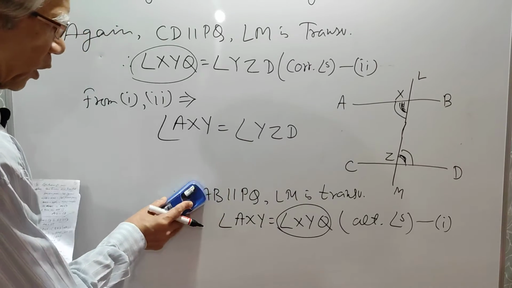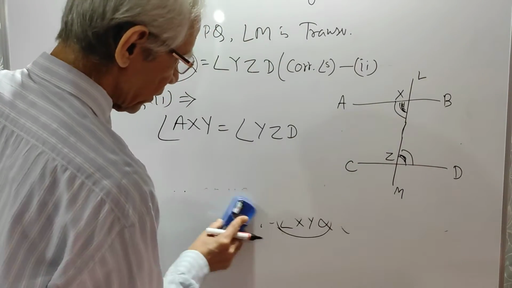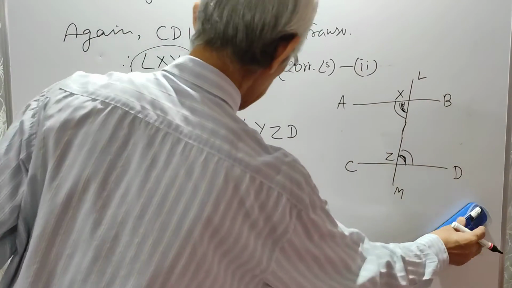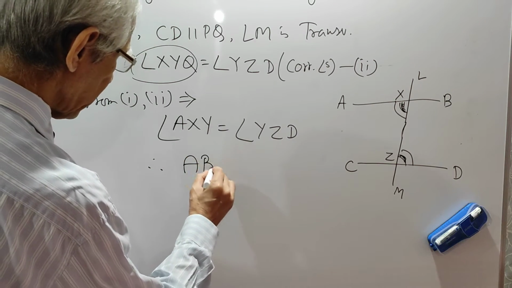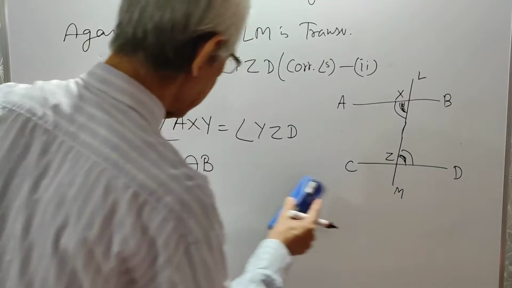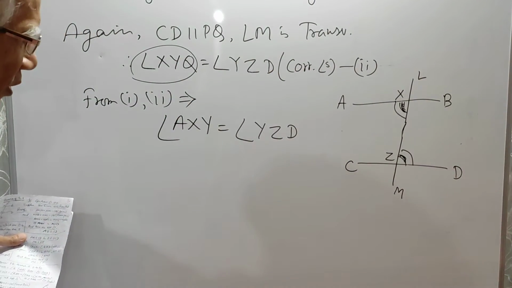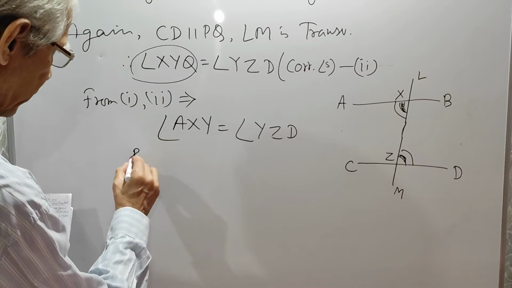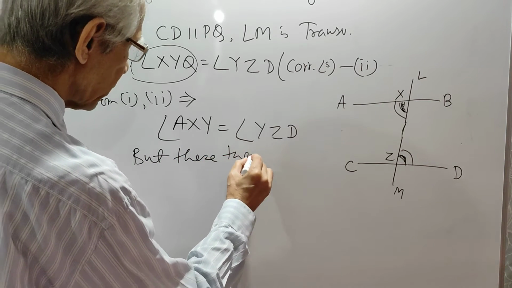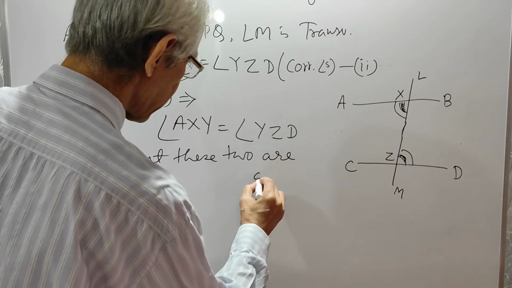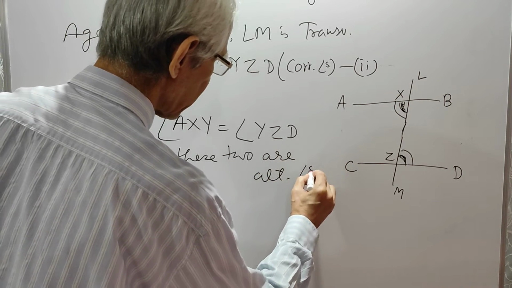So last of all, what is the conclusion? Here you have to write one thing: but these are alternate angles. That sentence is necessary. This equal to this we have proved, but these two are alternate angles.